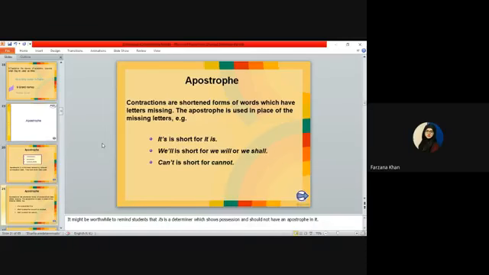For instance, when we use it's in place of it is, when we use I'll in place of I will, when we use we'll in place of we will, when we use can't in place of cannot, when we use won't in place of will not, when we use don't in place of do not, and when we use didn't in place of did not. So the short versions are it's, can't, won't, I'll, didn't, couldn't.